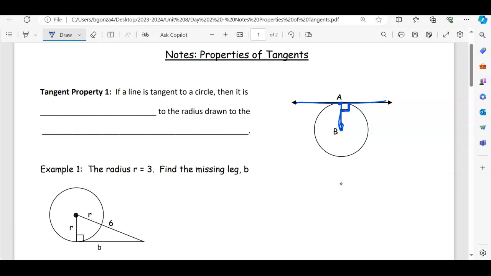The P word is they are perpendicular. Perpendicular. So again, tangent line, radius, they are perpendicular. And that's perpendicular to the point of tangency. Point of tangency.